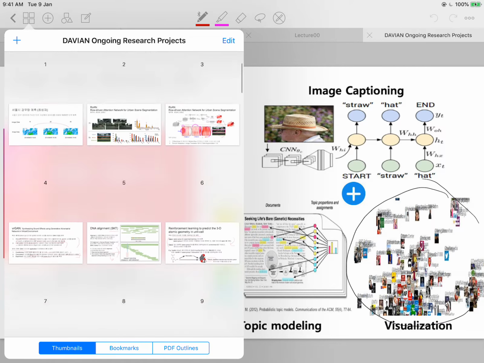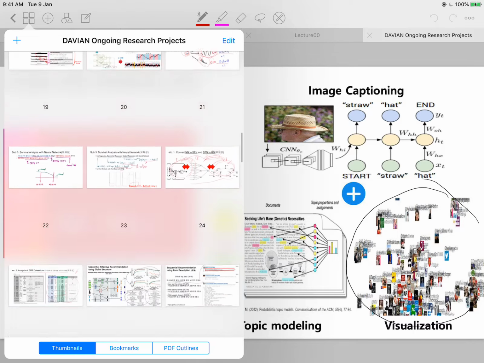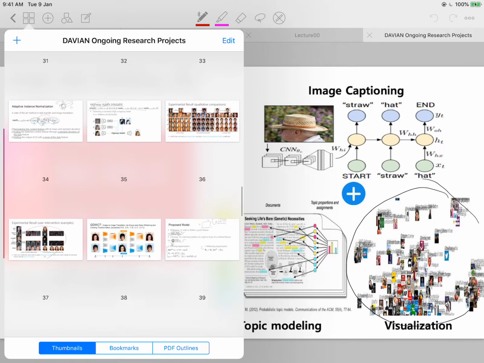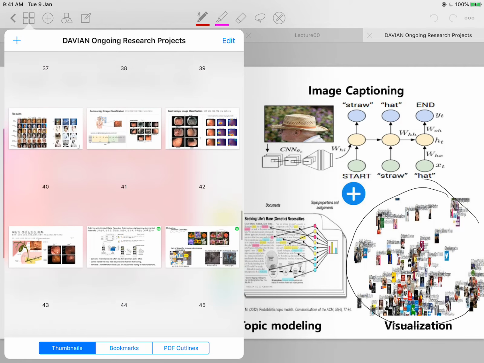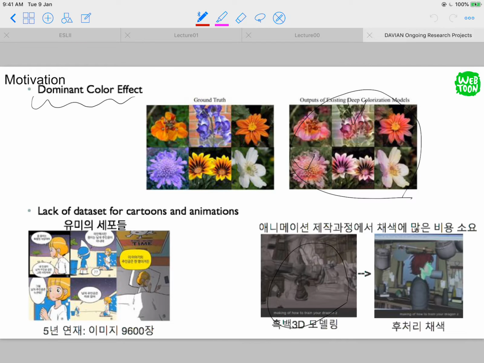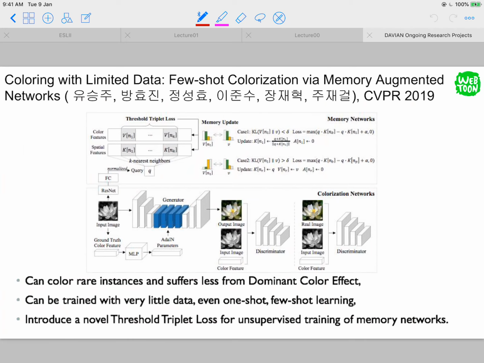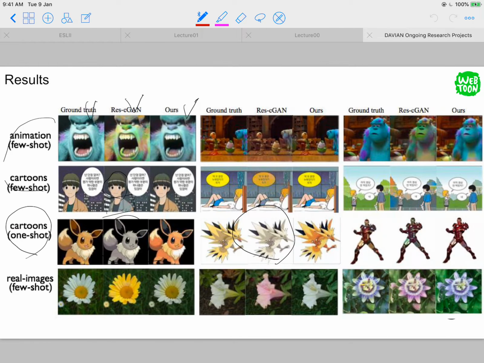Let me show the actual example that I experienced. I personally do research on colorization, automatic colorization of a given grayscale or just an outline image, and these are some of the result examples from recent research with some of my students.